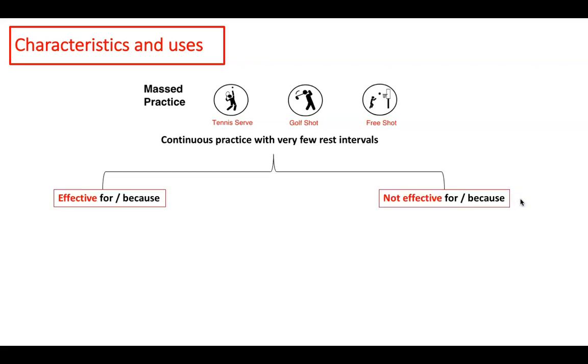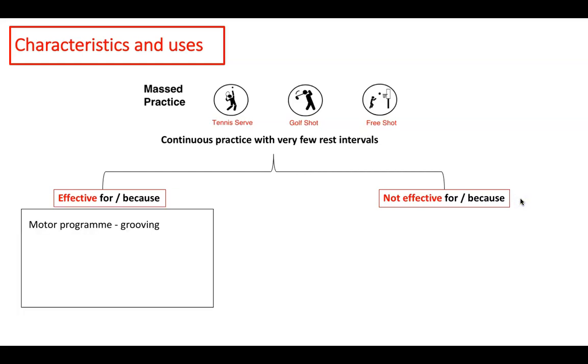We need to be able to determine why massed practice is effective, and what it's not effective for. So what classification of skills and what ability levels this is potentially effective for. First of all, we're talking about the effectiveness of massed practice. We need to look at the motor program and grooving.